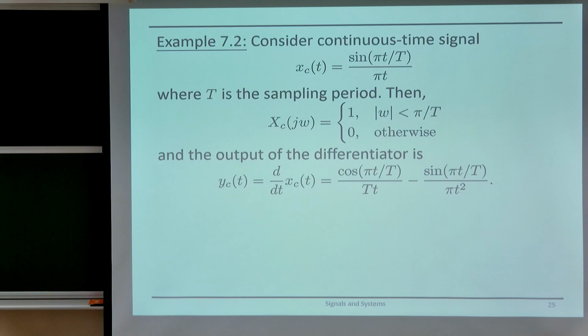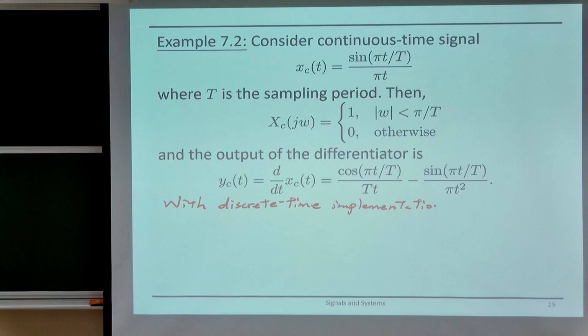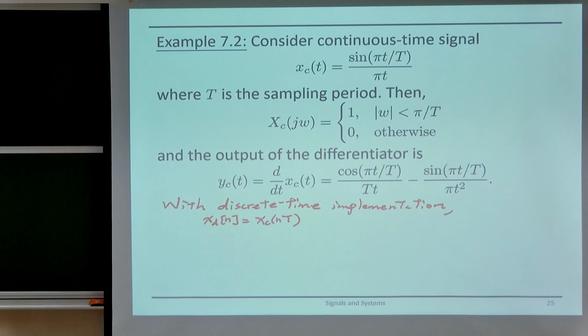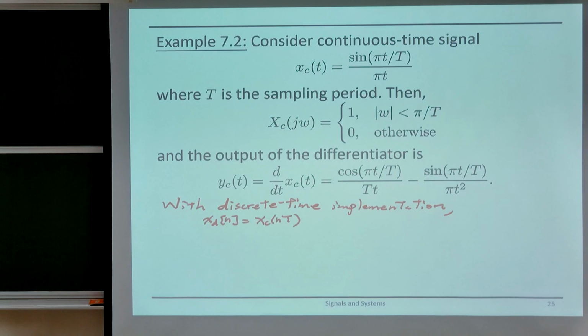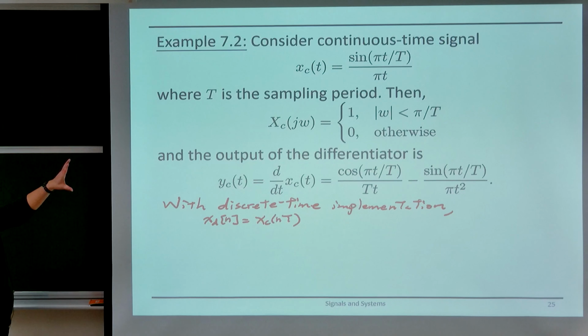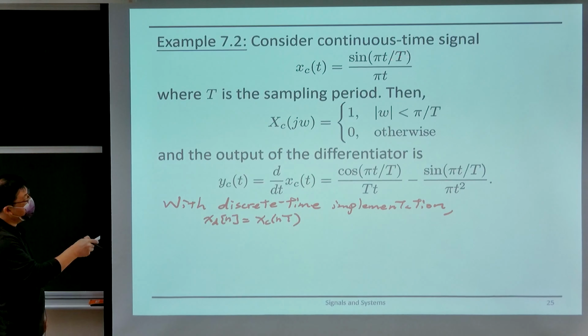With discrete time implementation, we first construct this discrete time sequence xd[n], which is equal to the sample of the continuous time signal at integer multiples of capital T. Now, if you look at this, this is a sinc function with a peak at the origin, but zeros at integer multiples of capital T.